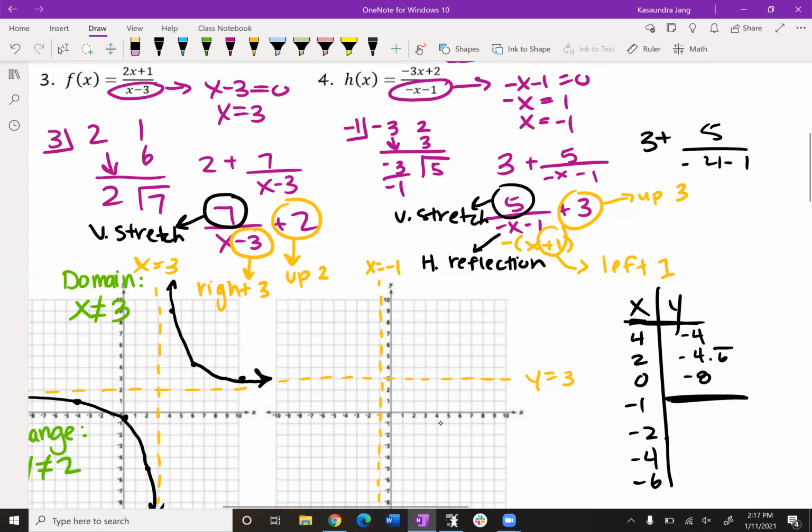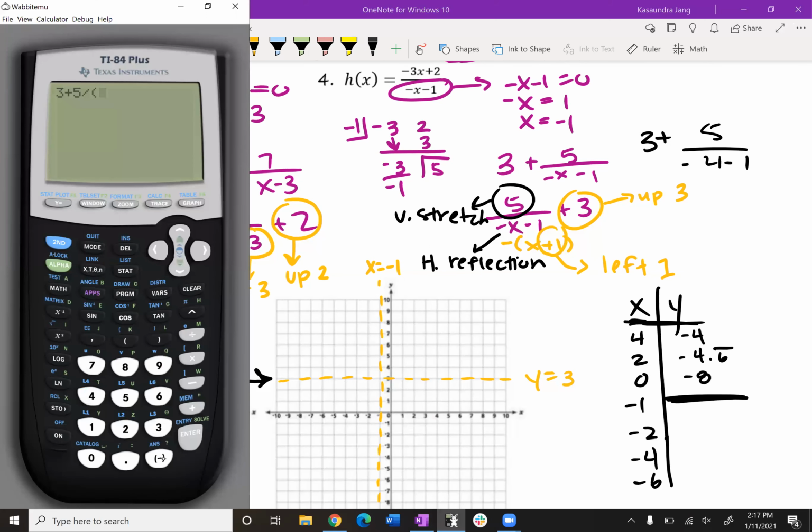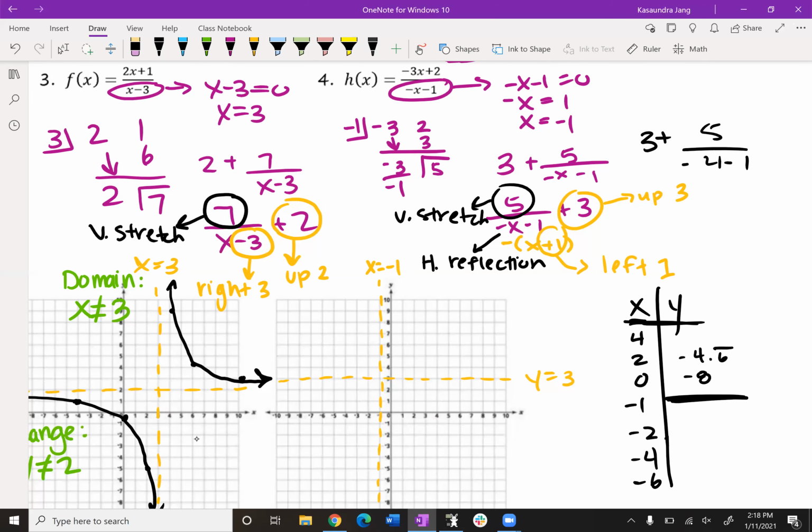If you do it like this, I got 2. I think I put it in wrong. So it's a +2? Yeah. Okay, so we check out the other one. I think that's good. I just had something wrong.